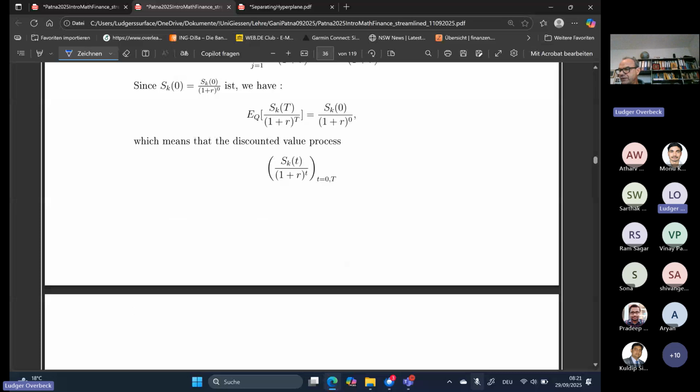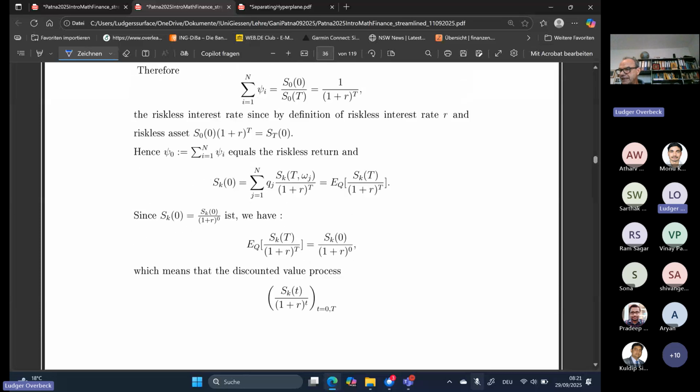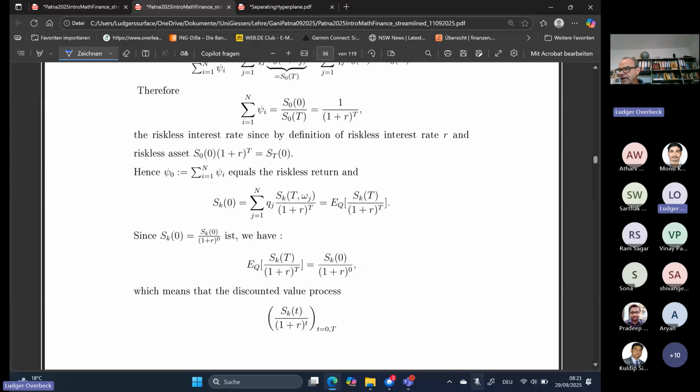Once you have constructed these probabilities, the last step is to say, our first asset here, we use a property that this is a riskless asset. So the connection in the riskless asset between future times and current time, between t and 0, of course, the notation should be like this.